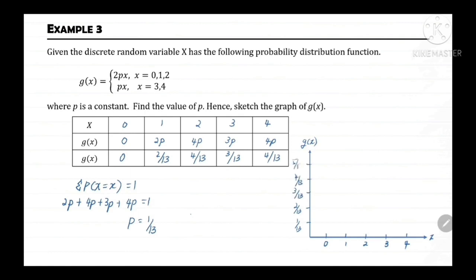When sketching the graph, since this is a discrete random variable, x can take only exact values. So when x equal to 0, g(x) equal to 0 is here. When x equal to 1, g(x) is 2 over 13 here.